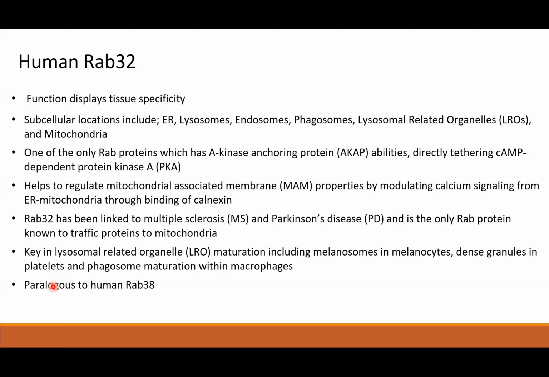So macrophages within the immune system are professional phagocytes, and it is essential that they have phagosomes so that way they're able to phagocytize harmful substances and infected cells as well. And again, Rab38, I mentioned it before. Rab32 is actually a paralog to Rab38, and they're extremely related in function, structure, and sequence.